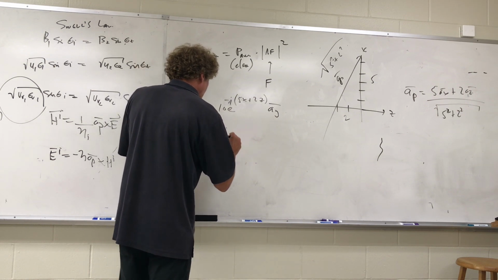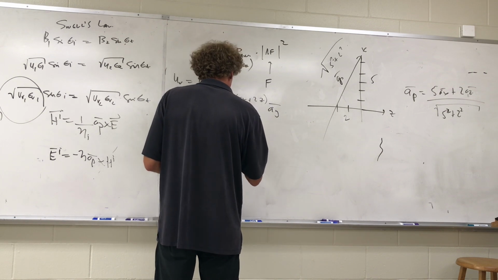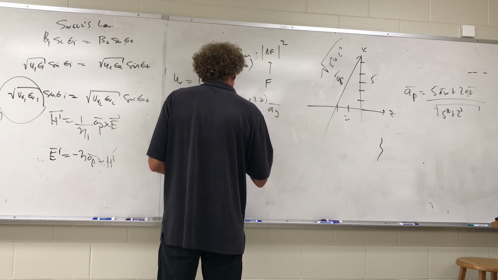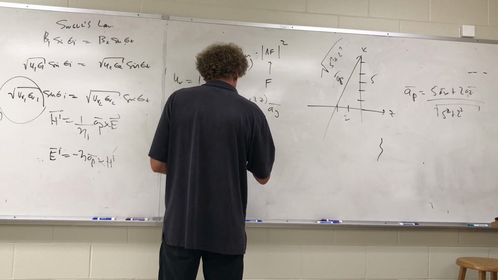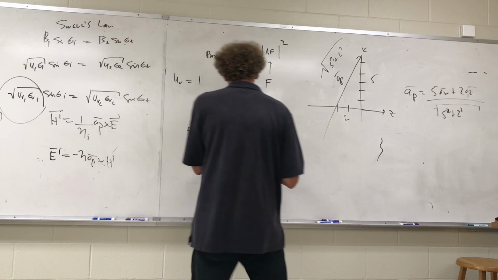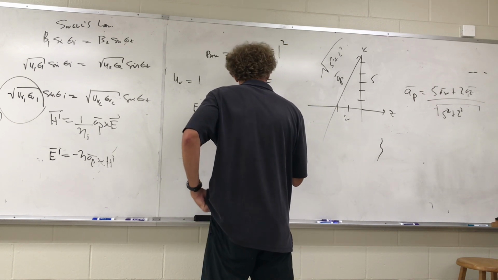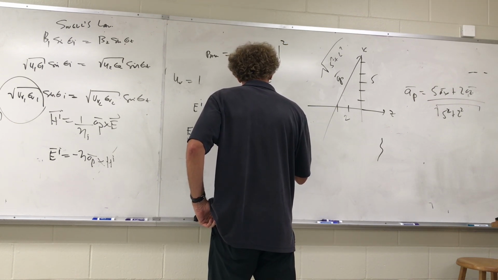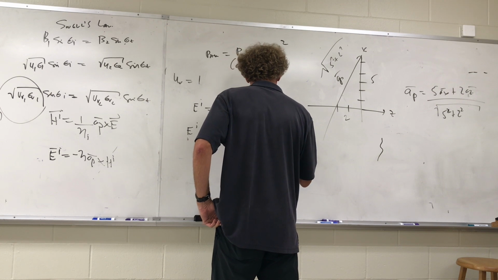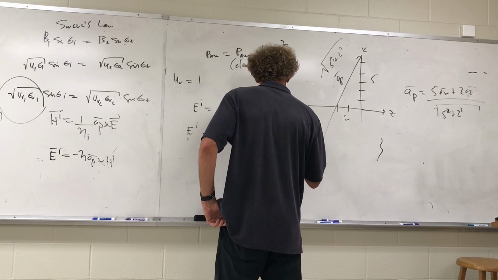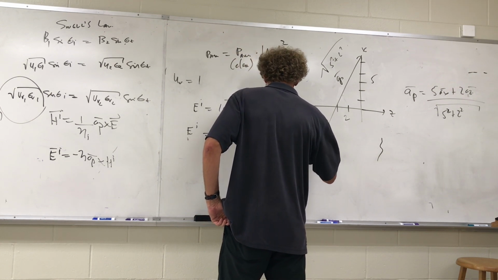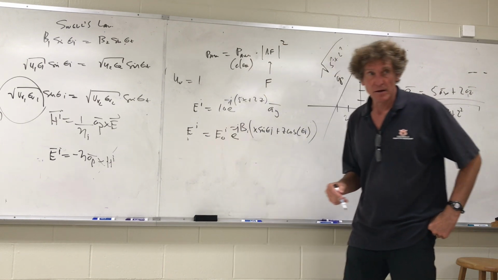This is the general form. It's going to be e to the minus j, and then there's going to be a beta here. That is the beta in that region, right? Then it's going to be times x sine of theta incident plus z cosine of theta incident. Do you remember that form?